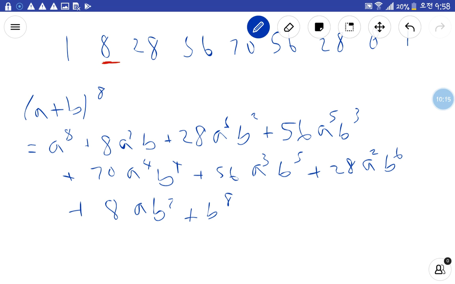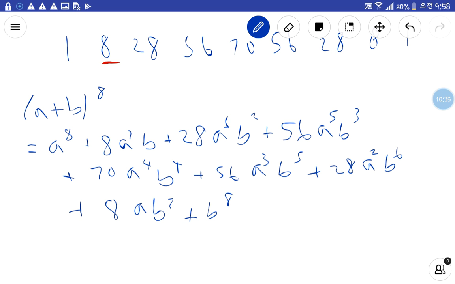So when you look at it, your p0 through pn would be the same as the Pascal's triangle numbers. And then a starts with your power of n and decreases to 0. B starts with 0 and increases to the power of n.